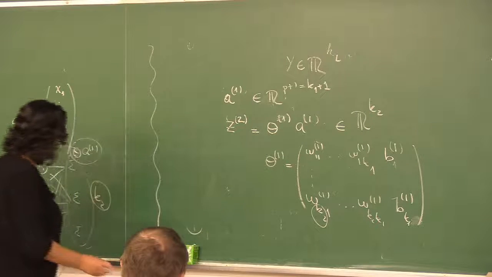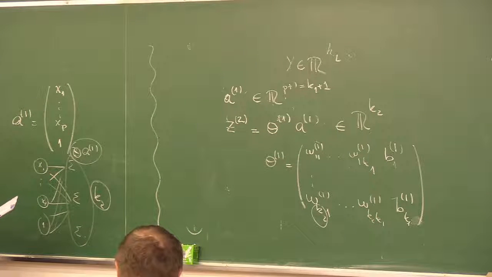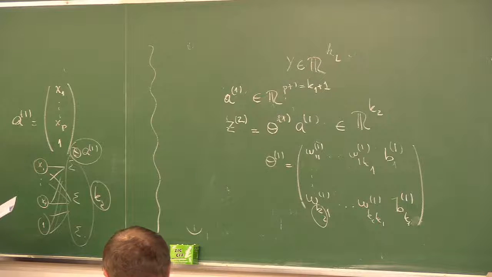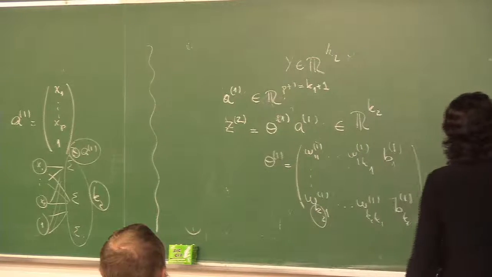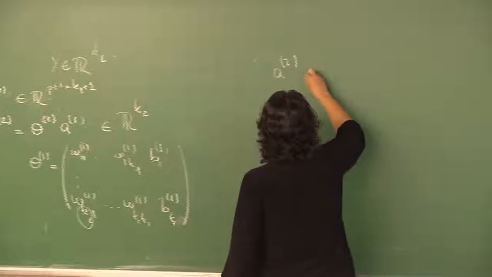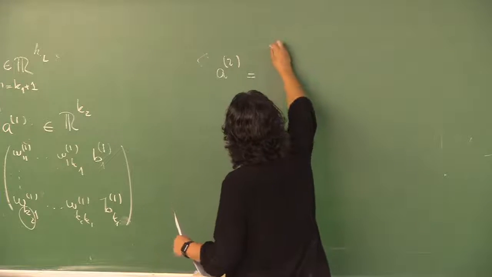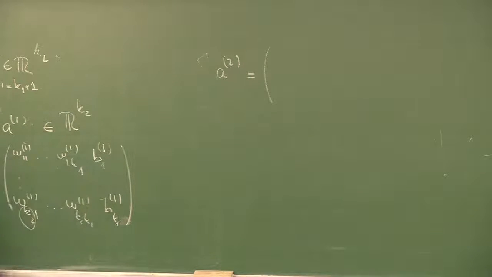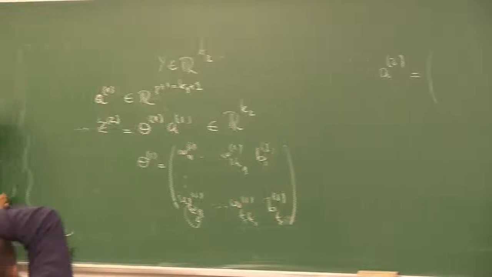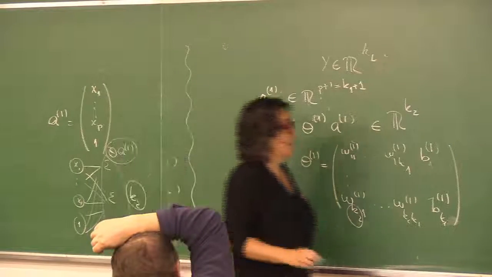When I do the activation function, the result is called A2. The second step is going to be, and I will write this, this is my second step. In my second step, I want to do the activation, and then I'm going to take again this one.